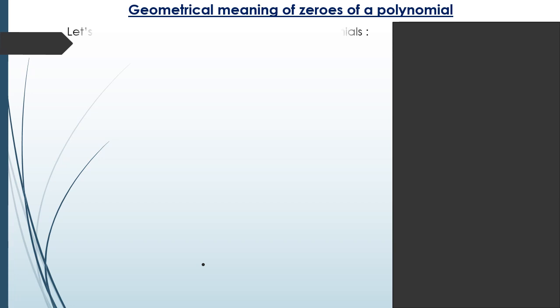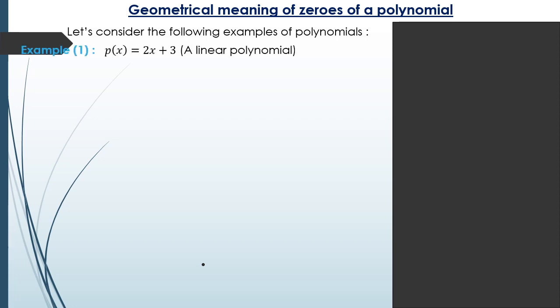So let us start with our first example. We are going to study two examples, as I have already told you. So we are going to take the first example of a linear polynomial. Let us take p of x, that is a polynomial in variable x, which is 2x plus 3. So it is a linear polynomial in one variable, and its degree is 1, that's why we call it linear.